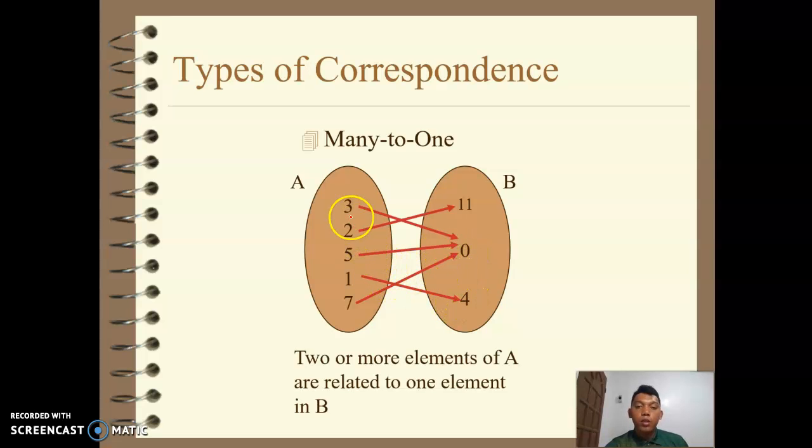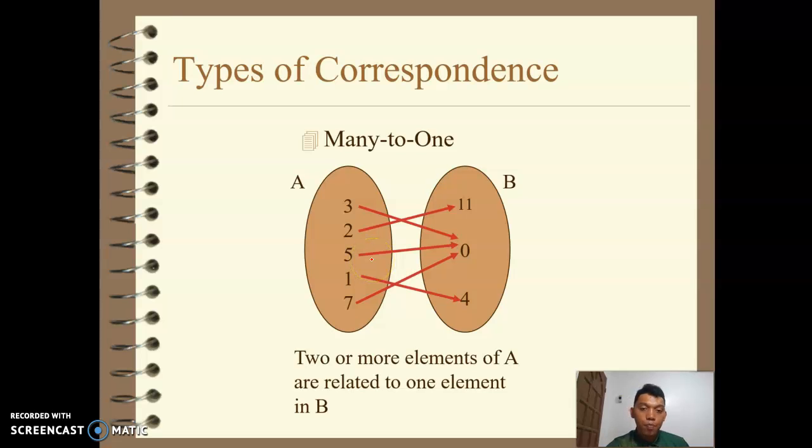So it is still a function. Many to one, because there is no value in X that connects to more than one element in B. It's just that this time, three connect to 0, but each of these three uses only one. So of course, this is a function.